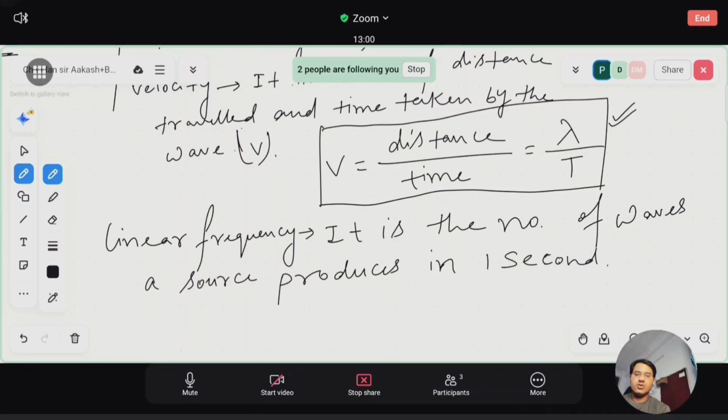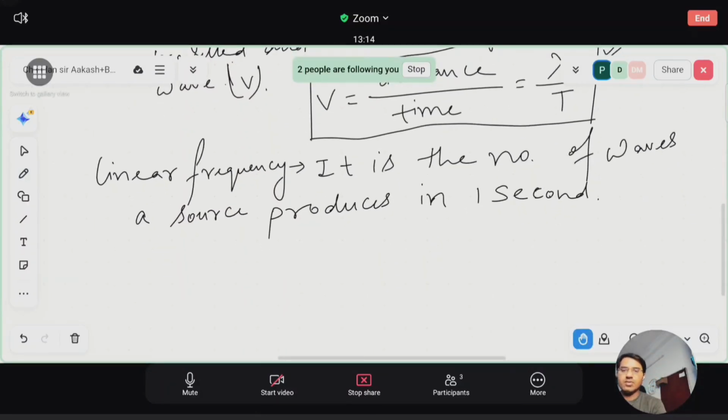Or in another way, we can say it is the number of wavelengths a wave travels in 1 second. That is another definition of the same linear frequency.